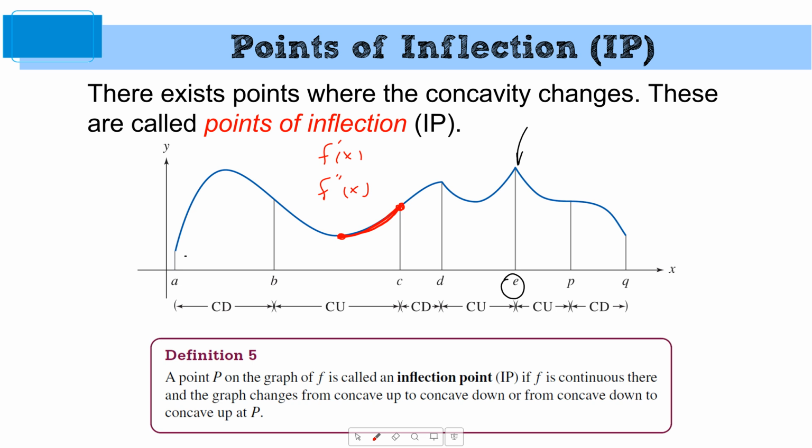Elsie? The first derivative is 0, and the second derivative, I don't know. The second derivative is negative or positive. Which one? Somebody else? Second derivative, positive or negative?